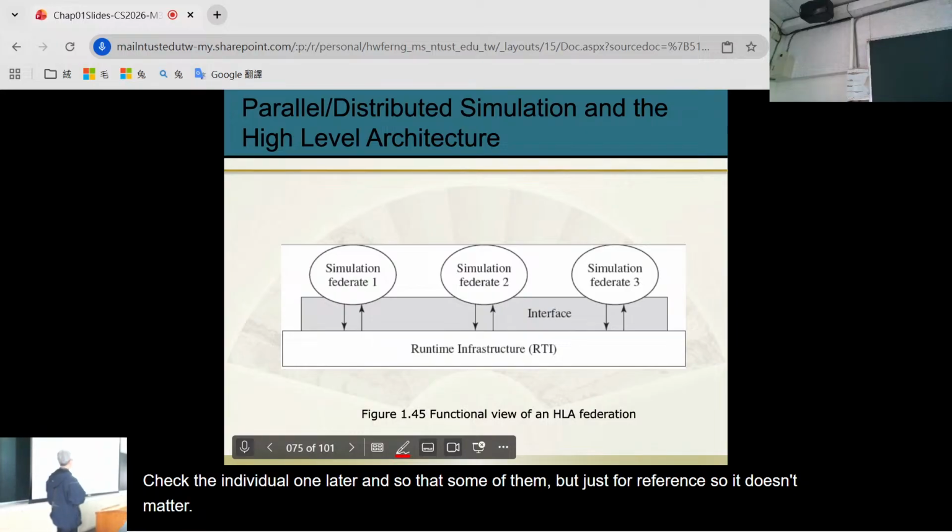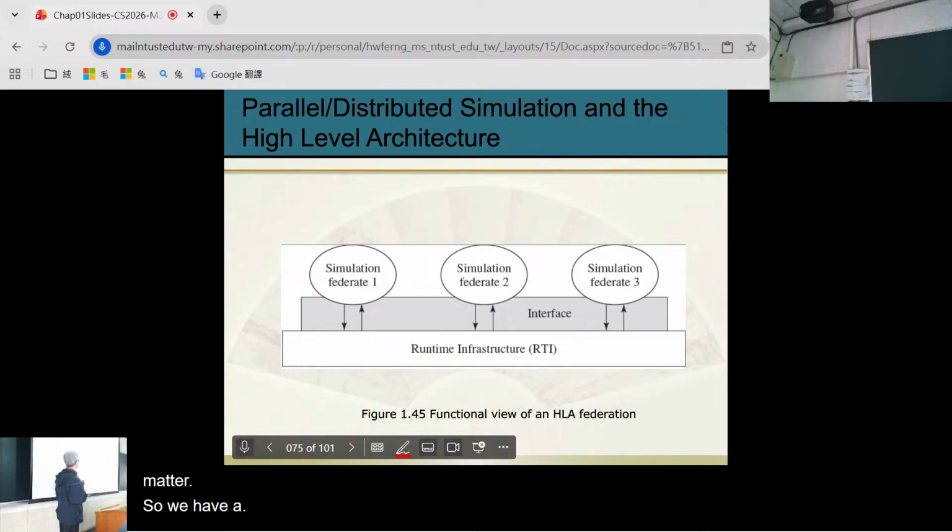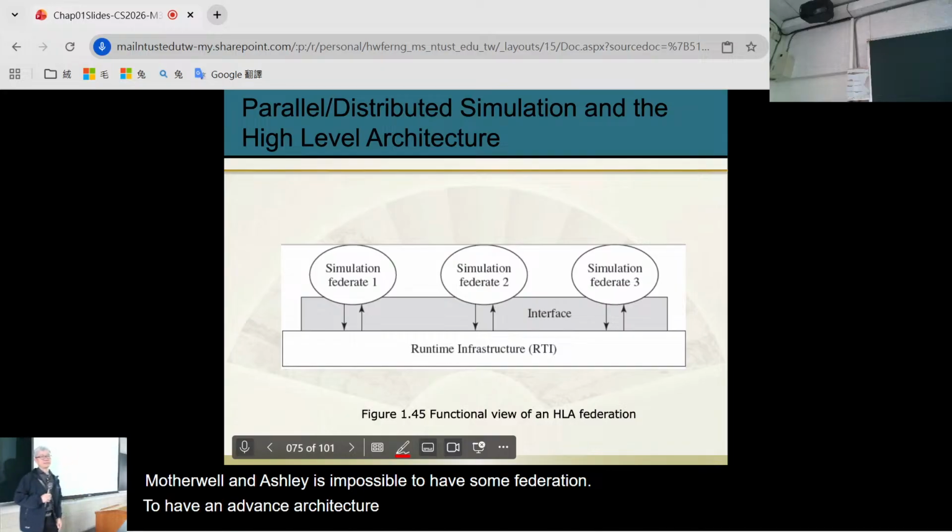So we have multiple processes, and is it possible to have some federation, an advanced architecture? Here it says yes.